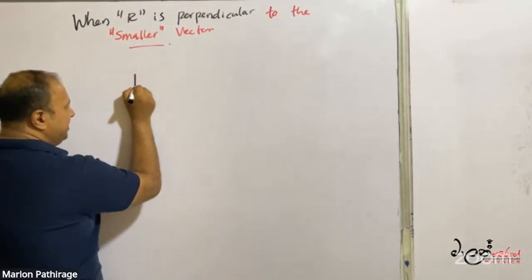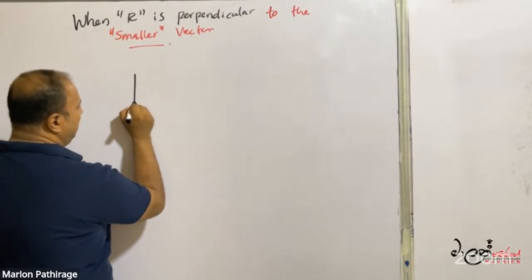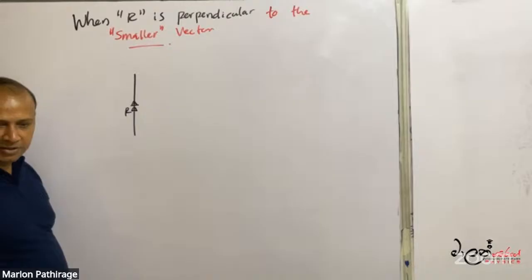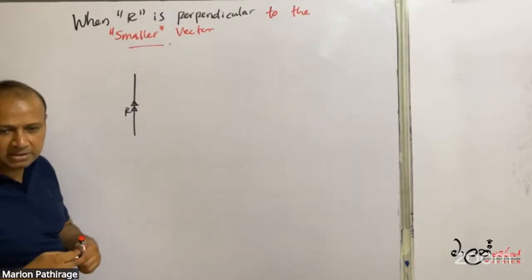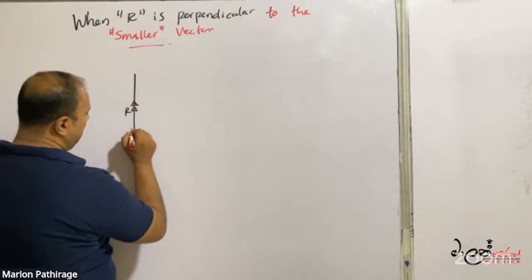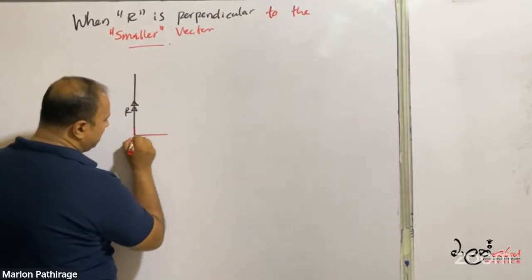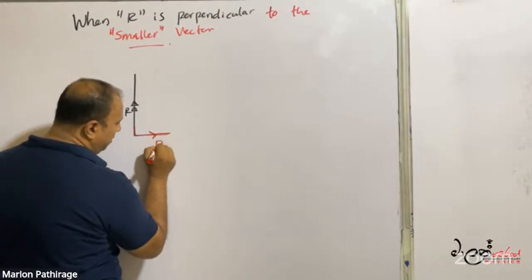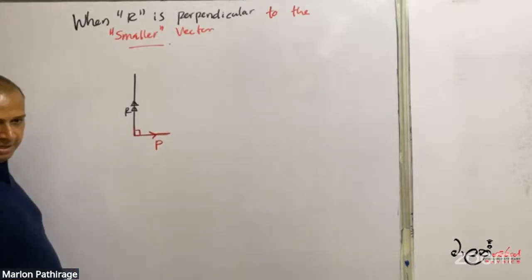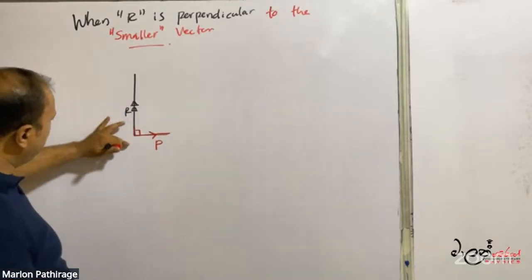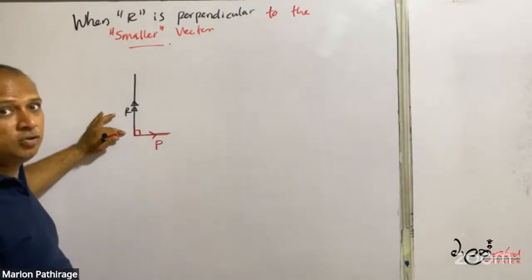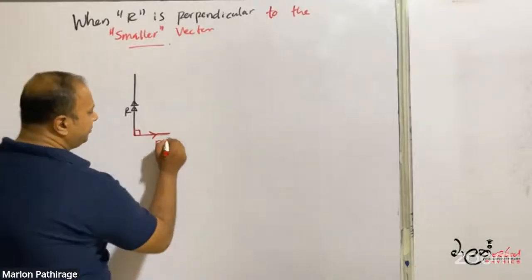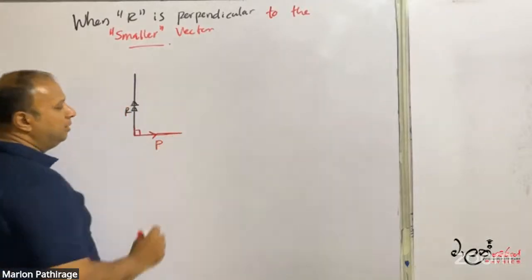Therefore, this is R. R means the resultant force is perpendicular to the smaller vector. I'm going to take the smaller vector as Q, not P. Now you know this should be the diagonal. Therefore, you have to construct the relevant parallelogram.